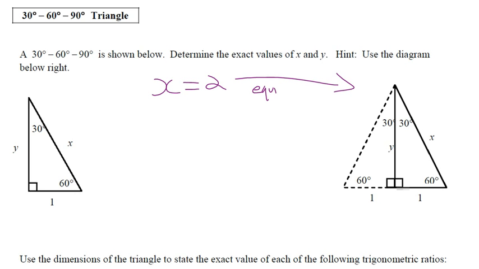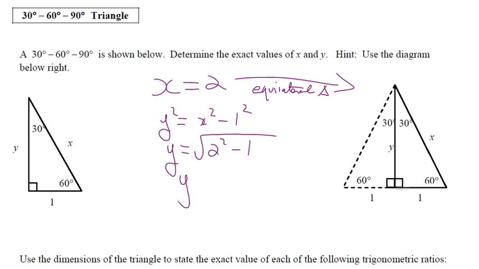Right, because it's an equilateral triangle. And so, what's y now that we know x? Root 3, right? So this side is 2, and this side is root 3.